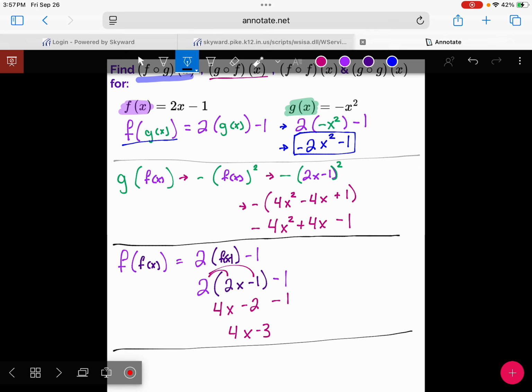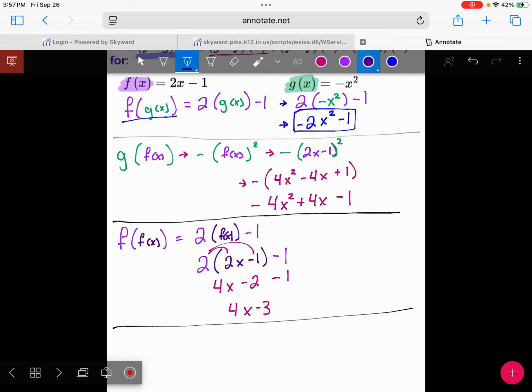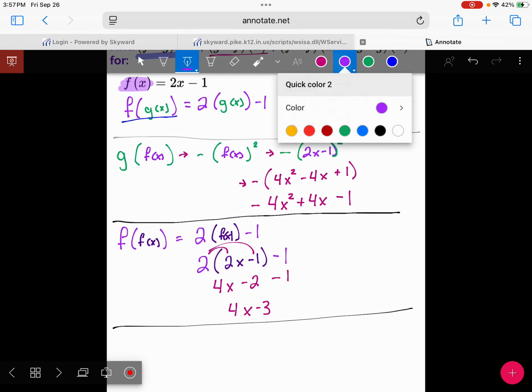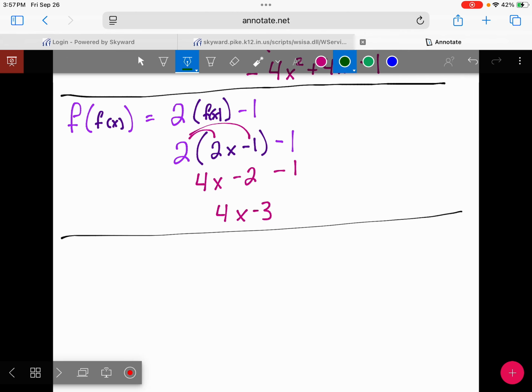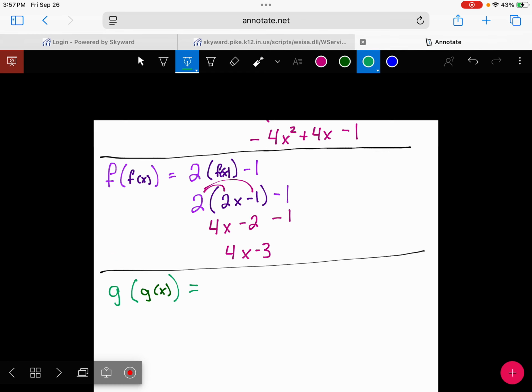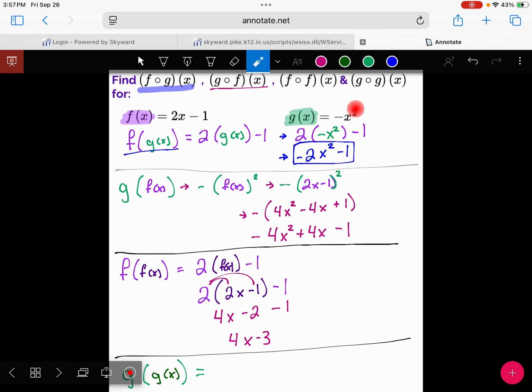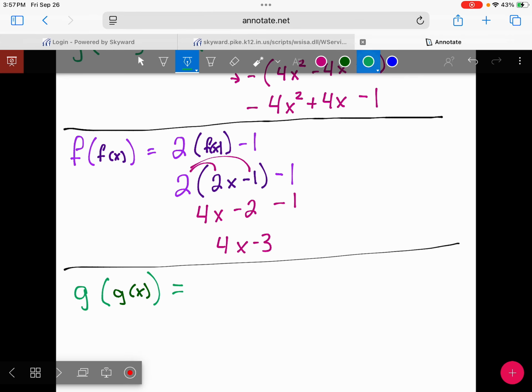And we have one left to go like this. We're going to do our g of g of x. So then I'm going to grab my green back, and I'm going to get another green. So we can work with g of x both times. So we're going to take our g of x and substitute that in. Remember that our g of x is this minus x squared. So we're going to have the opposite of our g of x squared.